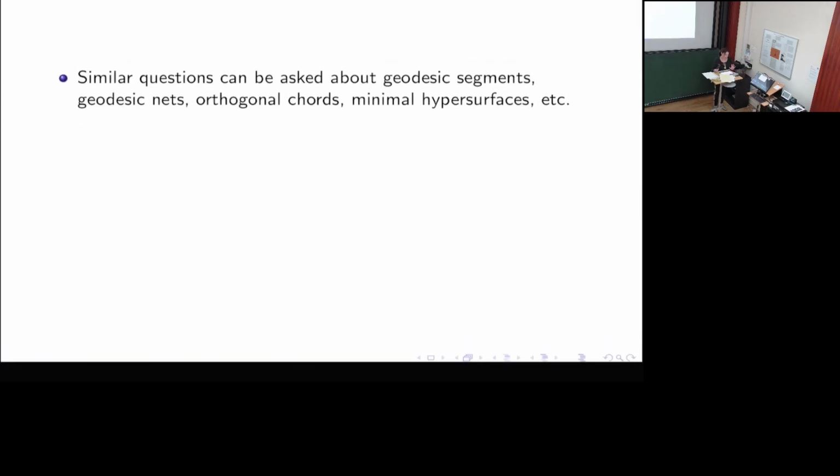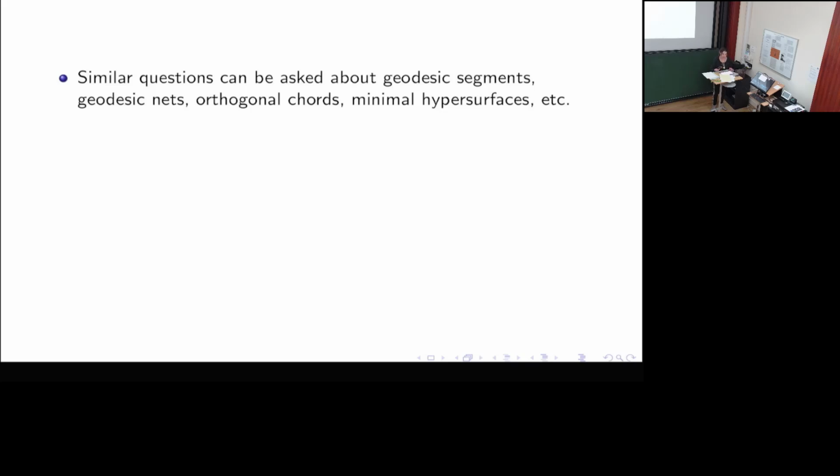And now, instead of stating more questions, we can state those questions about any minimal object you like. We can do it for segments, for loops, for orthogonal chords, for minimal surfaces. Similar questions can be asked. And to be able to answer them, we should understand how those existence theorems work.